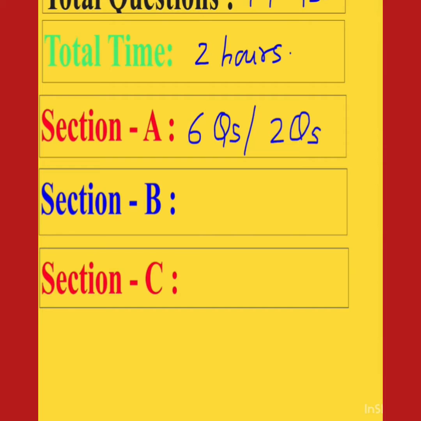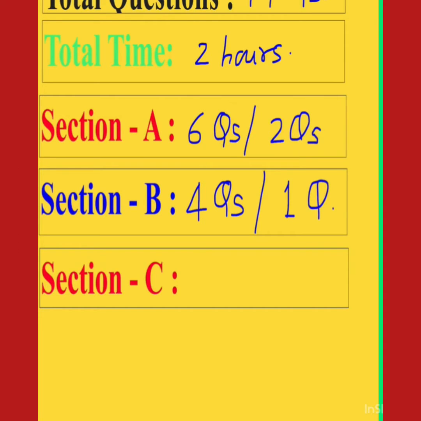These questions have internal choice, which means you will get a question with an 'or' option. In section B, you will get a total of 4 questions, and there is 1 internal choice in this section.